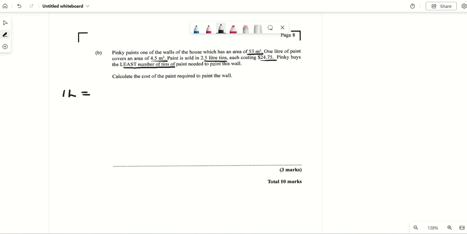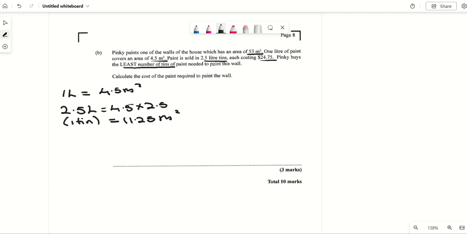So we know 1 liter would cover 4.5 meters squared. And therefore 2.5 liters would be 4.5 multiplied by 2.5, which is equal to 11.25 meters squared. So we know that this 2.5, which is also known as 1 tin, would cover 11.25 meters squared.